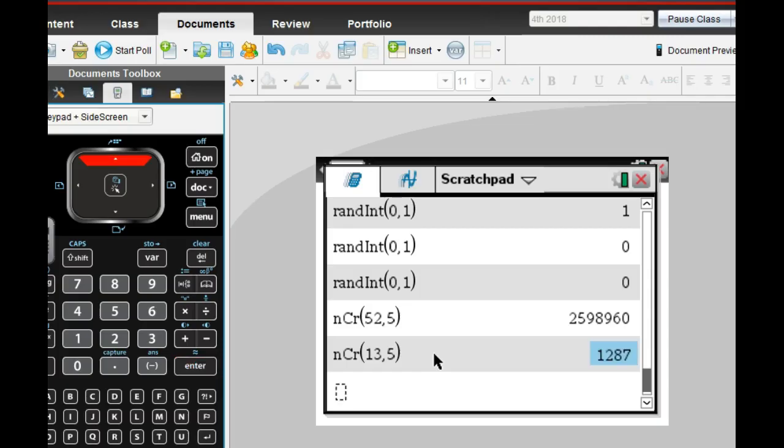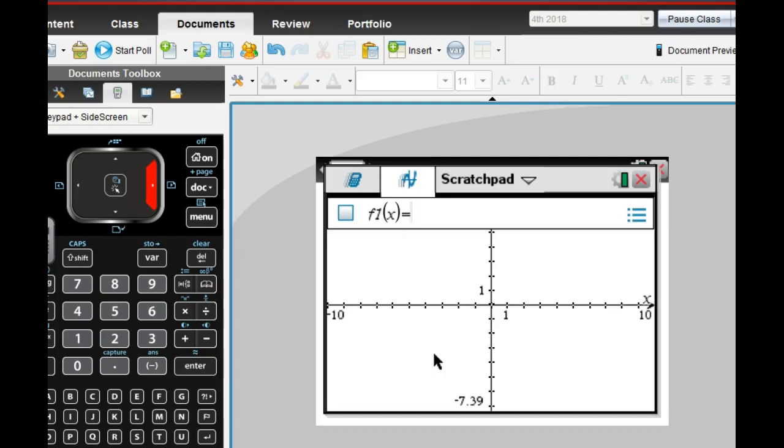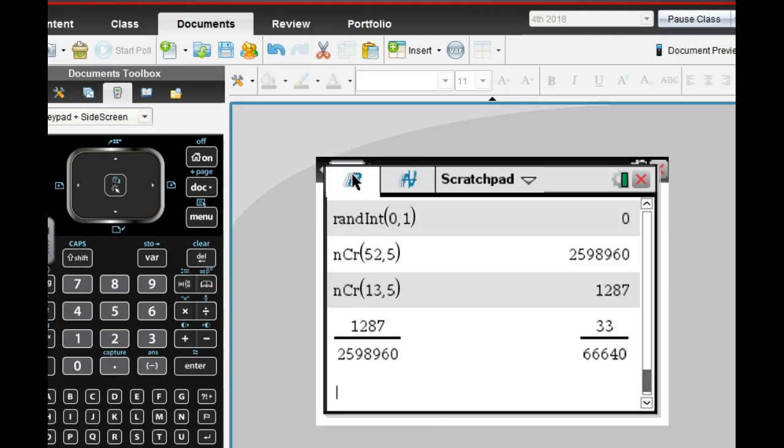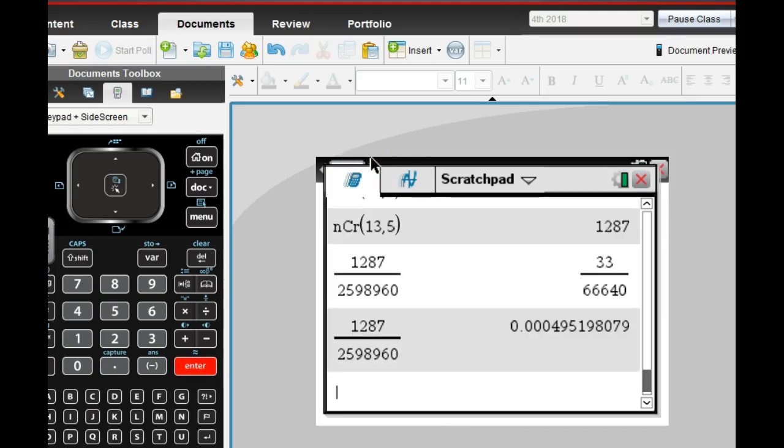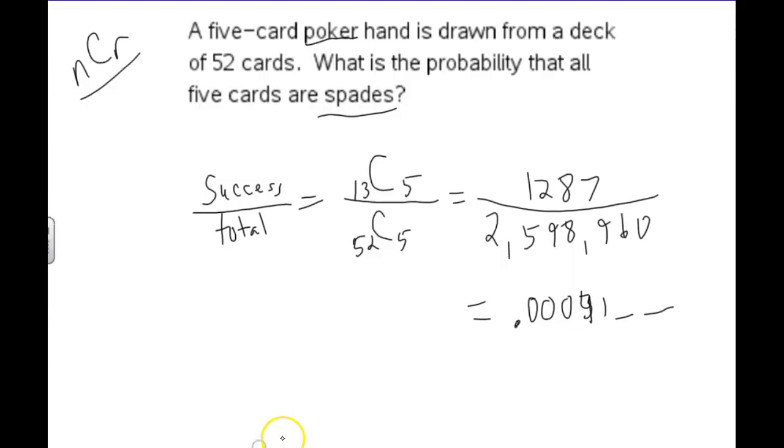So it would be this number divided by this number, and let's get the decimal there. Control Enter, so we get 0.00495. That's what it was. So just over a 0.04% chance of that happening. It's not very likely for that to happen.